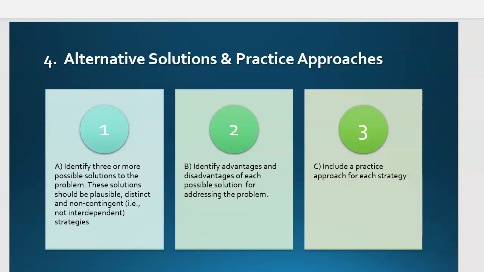Part C is where you include a practice approach for each strategy. And I'm going to repeat what I said before, that each practice approach needs to be plausible, it needs to be distinct, and it should not be interdependent on a previous practice approach.